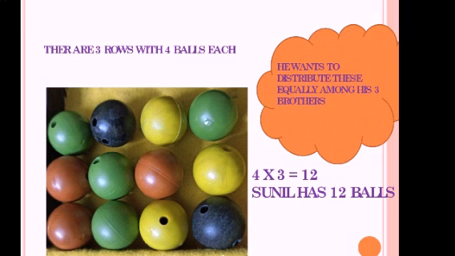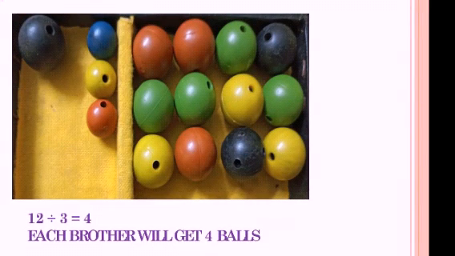Here, students, look very nicely. We are going to discuss division facts, okay? Now look here carefully. What did we just see? That Sunil had 12 balls and he wanted to distribute that among his 3 brothers, Amit, Sumit and Rohit. So if 12 is distributed equally, now this is what you have to pay attention to.